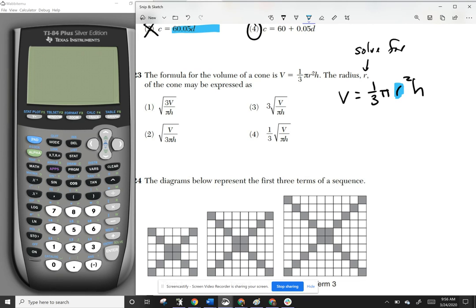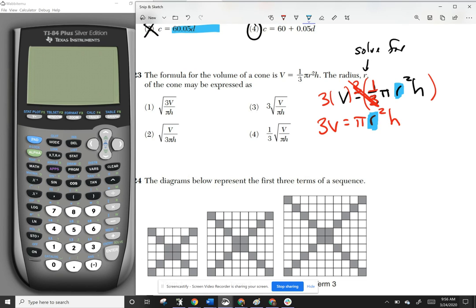So first and foremost, we should get rid of everything else. I usually like to start with the fraction, because a fraction just means division. So if we multiply both sides by 3, we're going to get 3v equals, the 3 and 1/3 is going to cancel out, and we're going to be left with pi r squared h.